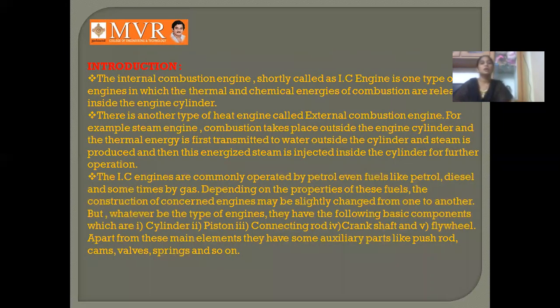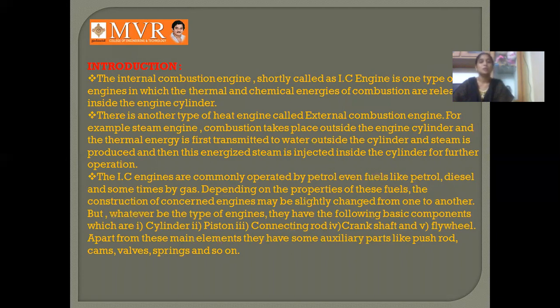Introduction. First, we should see some introduction. What is meant by engine parts, and what are the engine parts we are taking in this unit. See, the internal combustion engine, shortly called the IC engine, is one type of engine in which the thermal and chemical energies of combustion are released inside the engine cylinder.